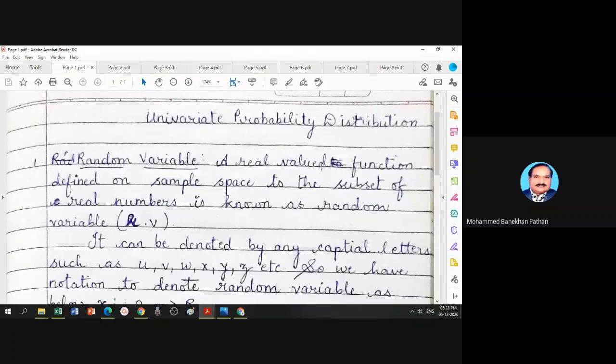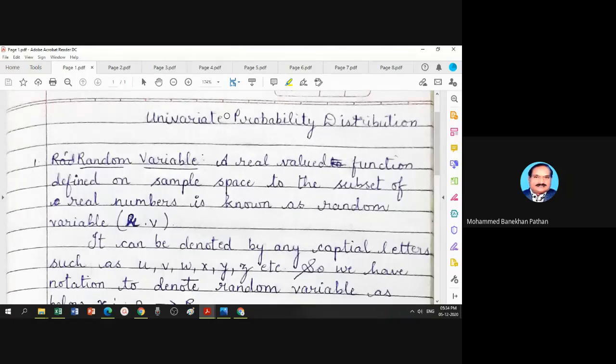To study probability distribution, we add the concept of a variable. Till chapter number 2, we understood the concept of probability by using sample space and events. In today's class, we can understand the concept of probability by defining a variable.